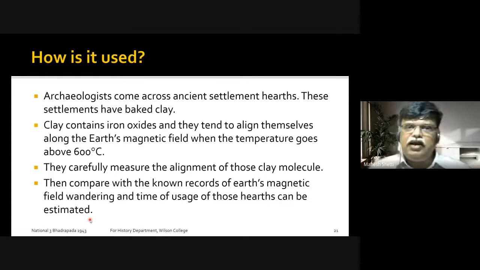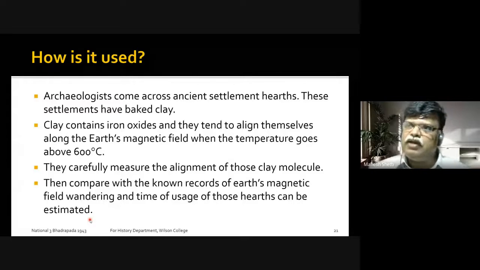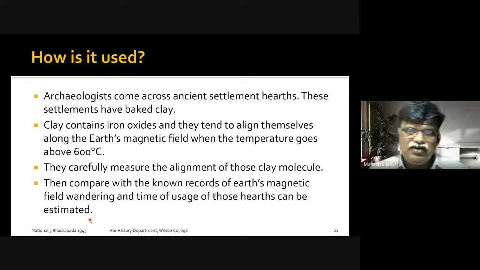Again, you may say that somebody used the hearth and then after some time other people might have come and used that hearth. Again, cultural practices tell us that generally that doesn't happen. People prefer to have their own new hearth. They will not use the same old hearth that some other people might have used.